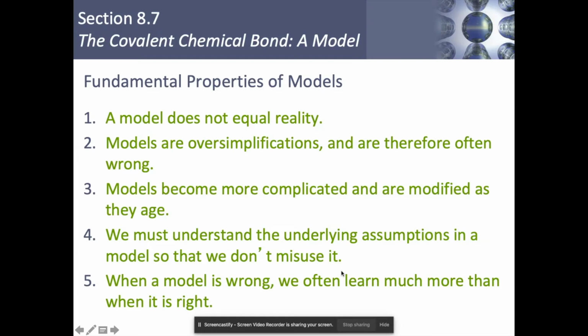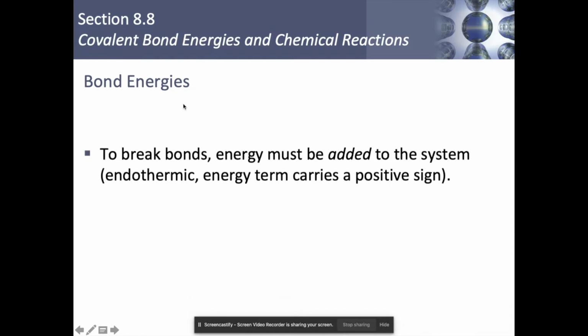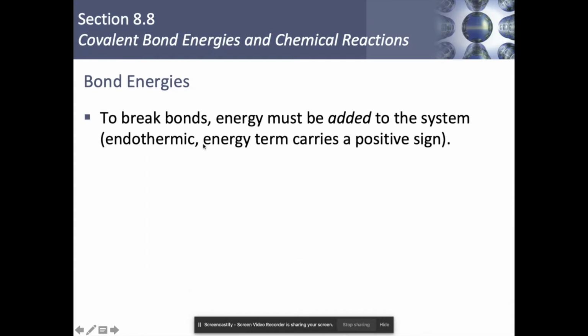I can just think back to Bohr's model of the atom. It works perfectly for hydrogen, but then it can't be applied to helium, and it can't be applied to lithium, and it can't be applied to any other element on the periodic table. Or at least not perfectly, right? Unlike the hydrogen model. So let's talk about bond energies, because bond energies make up a huge chunk of what is going to happen on the AP exam anyway.